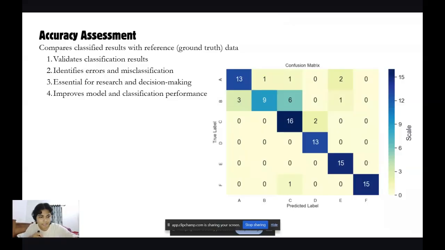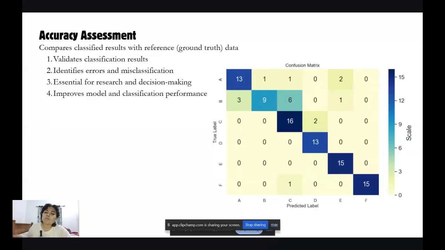Okay, so we are almost at the end of our fourth unit. In the fourth unit, we have looked at different pre-processing techniques that included radiometric correction, then geometric correction, and after that, we also looked into two types of classification methods, which are very importantly always held within the domain of GIS, wherever you are trying to classify any satellite data for whatever purpose, for whatever parameter, which were supervised classification and unsupervised classification.